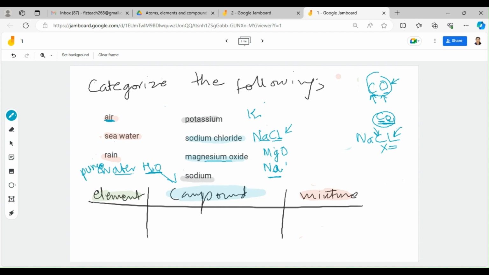Pure water would be categorized as a compound. But when we have seawater and rain, all of these would be categorized as mixtures. Why? Because seawater has seaweed in it, a lot of fishes, maybe some dust particles, rocks, and whatnot. It's a mixture. Rainwater: when rain falls, along with water we also have some dust particles over here. So it's also a mixture.